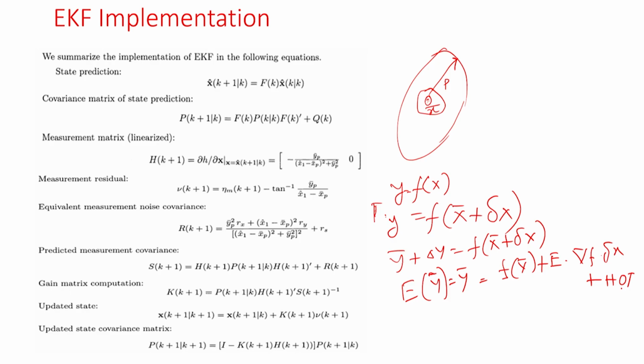This is your first order EKF. Once you take it, this second value will be 0, so it will be f(x bar). So, my probabilistic spread of x is lost. This is the very big problem of EKF, and that is why in the earlier problem you saw EKF diverged. In one Monte Carlo run my error shot up, it simply diverged.